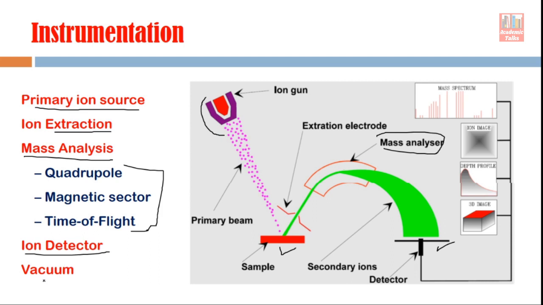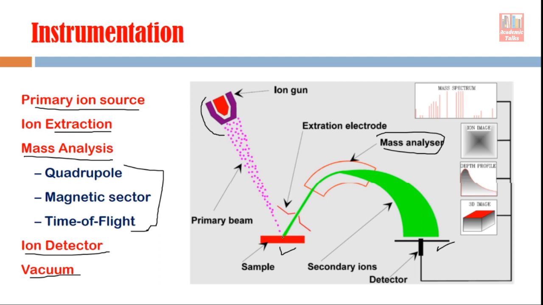Now another important component in a SIMS is vacuum. So the vacuum is very important. All these functions take place in ultra high vacuum. It's very necessary because if vacuum is not there, it becomes impossible to form an ion beam and to focus it on the sample surface. Because if the gaseous species or atmospheric gases are present here, these ions will not be able to reach the sample.